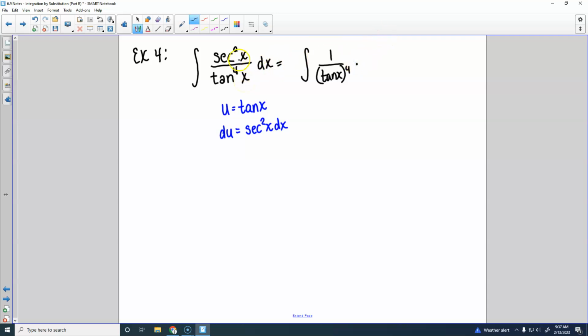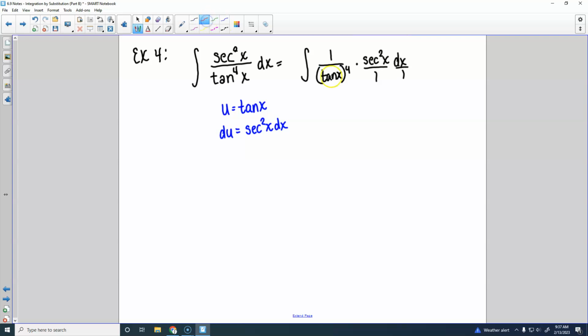And then the secant squared x would be here, and then we'd have the dx there. So that secant squared x, because it's in the numerator, is over 1. That dx is also numerator, it's going to be there with it.